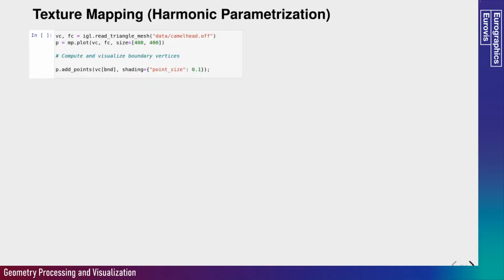So let's dive right into one of the first examples. This is about parameterization of a 3D embedded geometry onto a 2D plane. And this can be used, for example, for texture mapping. And in this example here, we used a technique that is called harmonic parameterization.